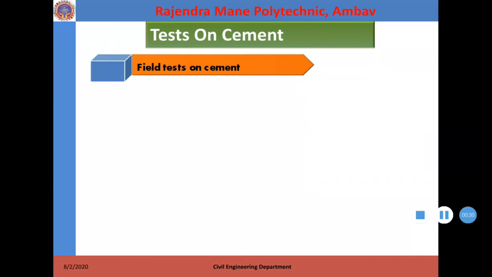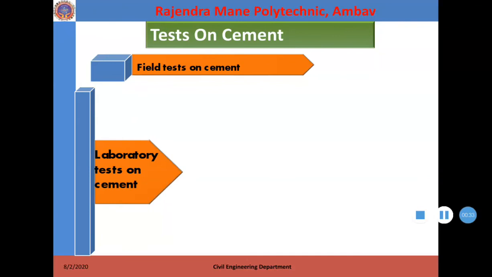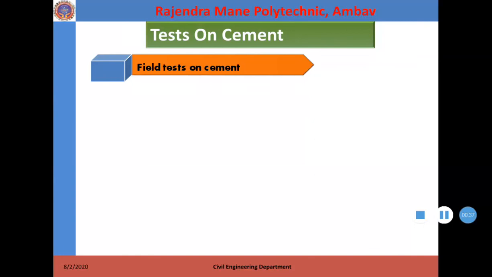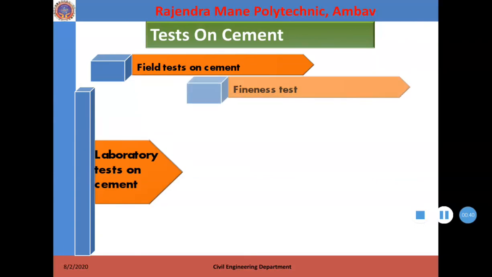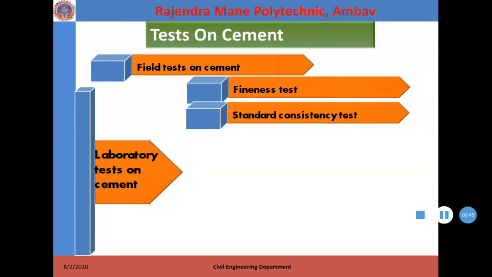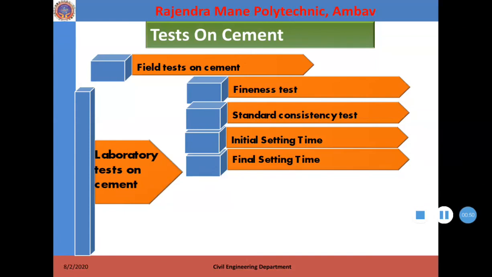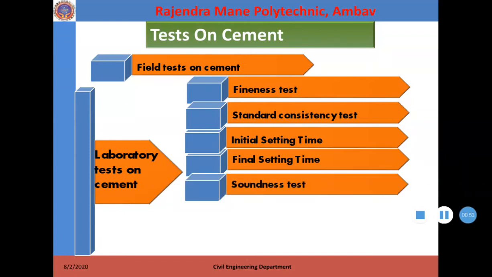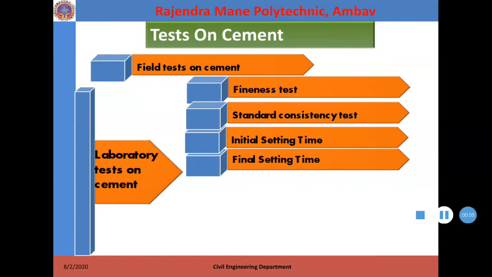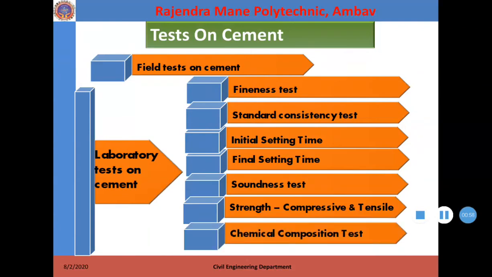There are two types of test: one, field test, and second, laboratory test. In laboratory tests: fineness test, standard consistency test, initial setting time, final setting time, soundness test, strength, compressive and tensile strength, and chemical composition test.